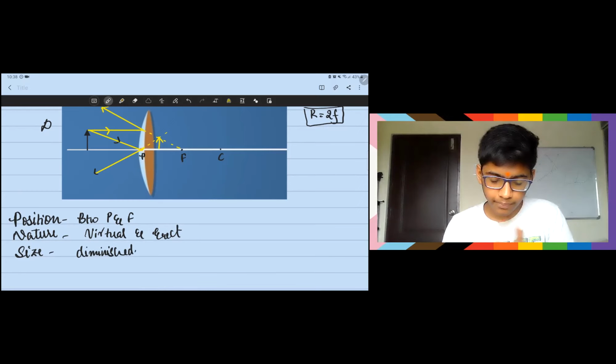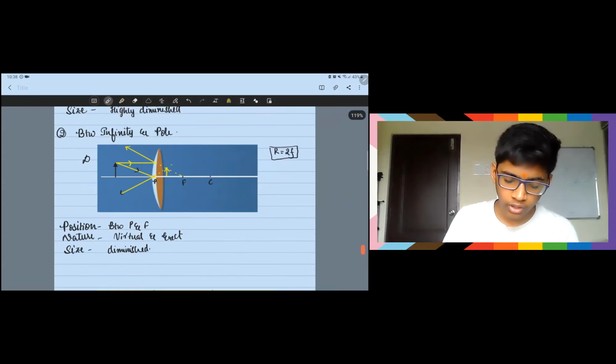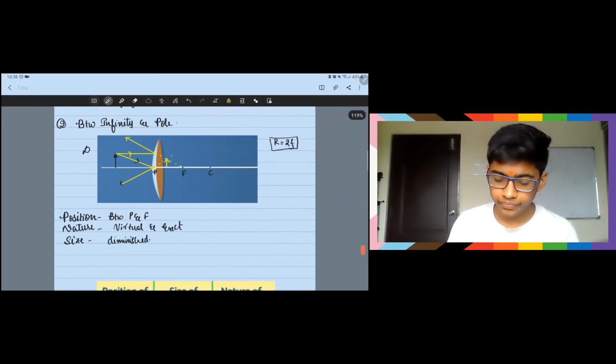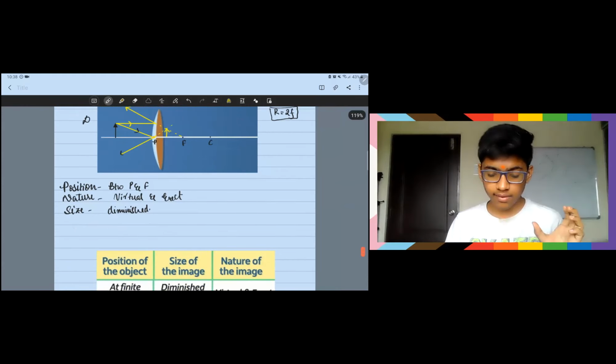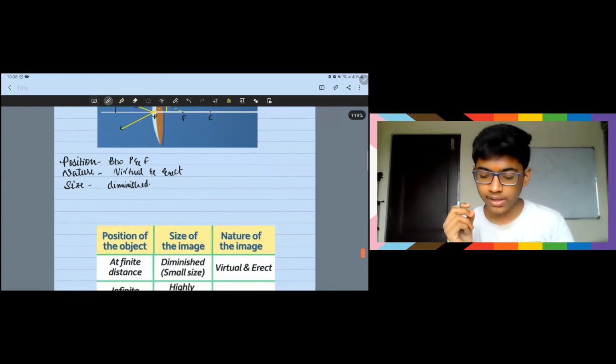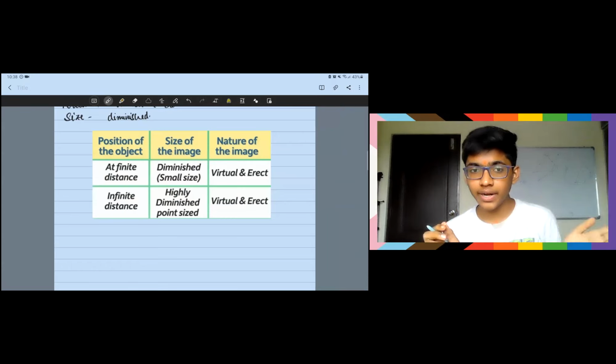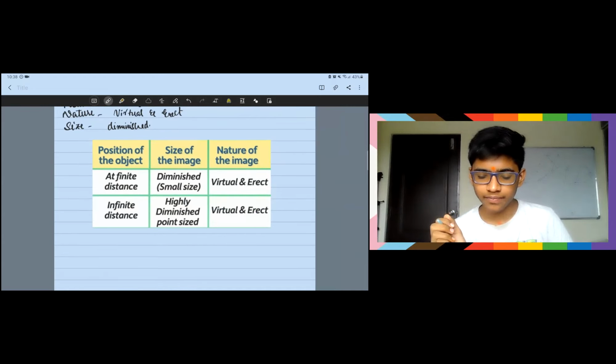So this is for the object between infinity and pole, and here is your convex mirror table. At finite distance, it is diminished, small size, virtual and erect. At infinite distance, highly diminished, point size, virtual and erect. So with this, your ray diagrams are completely completed.